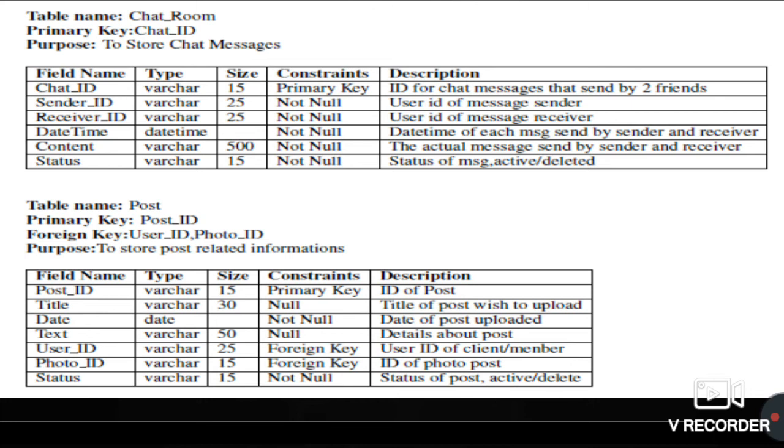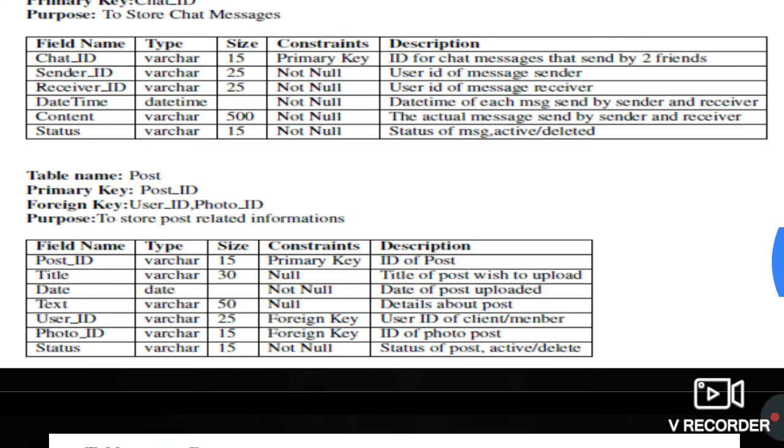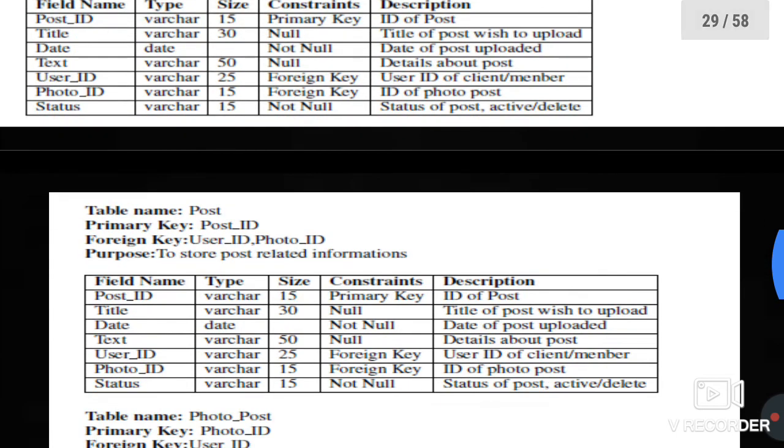The text gives the details about the post. User ID is the user or client's ID, and this is the foreign key. Photo ID will be img plus a random number. And the status means the post is active or deleted.